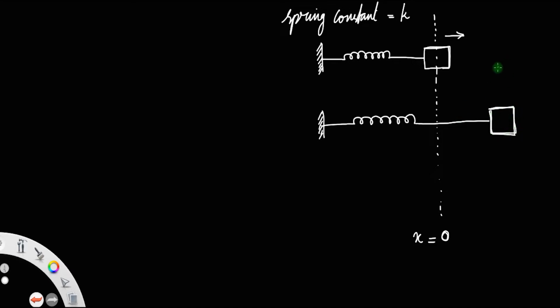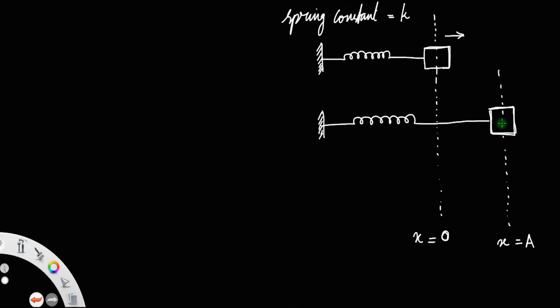Clear? Let this point be the maximum elongation of the mass. We call that the extreme position, and at this position x is equal to the maximum horizontal displacement, or amplitude.